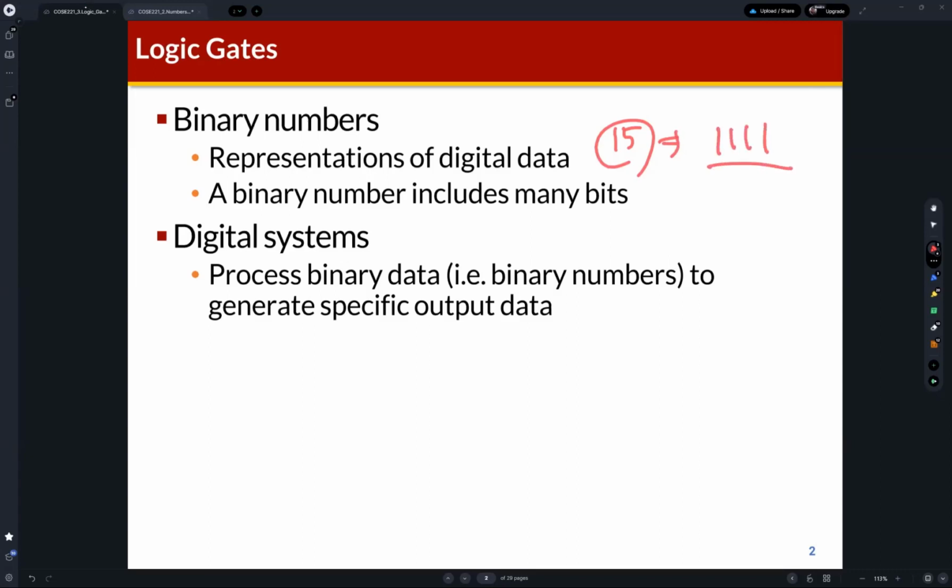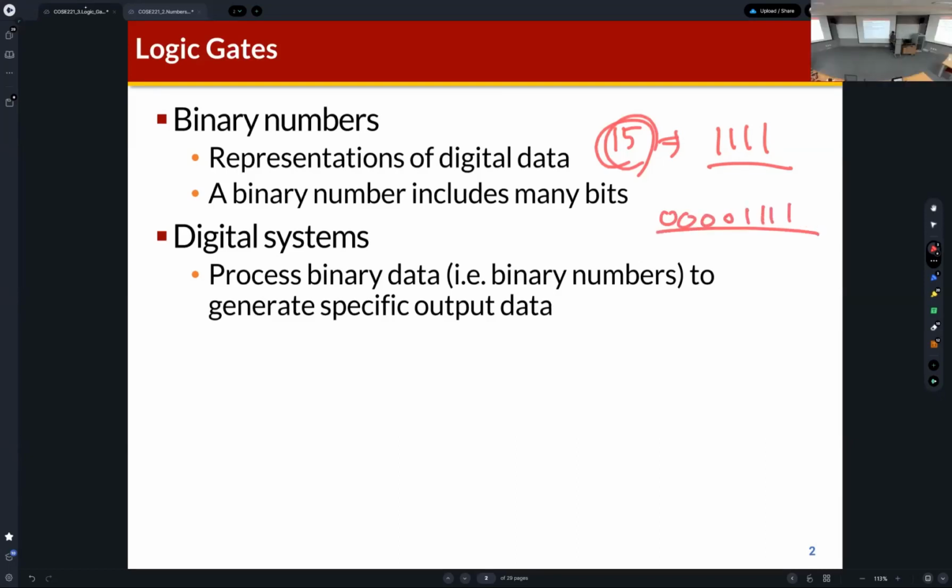At least. So we can represent 15 using 8 bits, like 00001111, right? Because each digit of a binary number represents only 1 and 0, but in order to represent a very large number, like I said, in a C program an integer includes 32 bits. So in order to represent a large number, we require multiple bits.